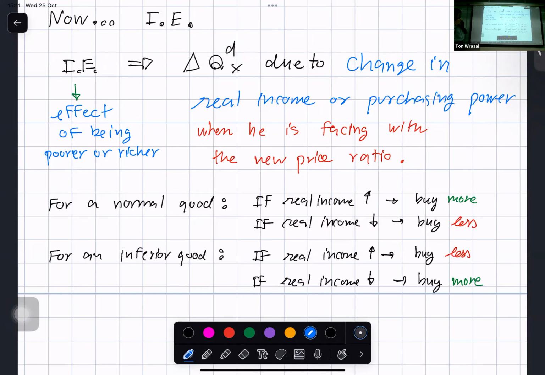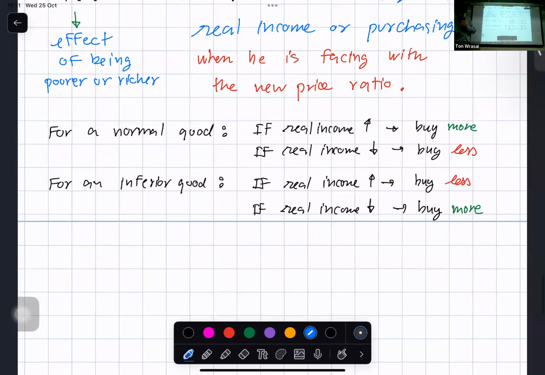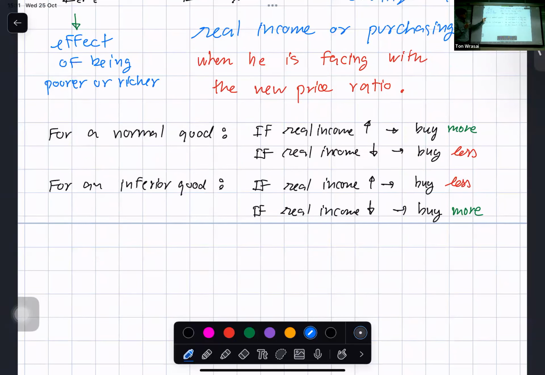If Good X is a normal good, when he becomes richer, he buys more. If he becomes poorer, he buys less. That's the definition of a normal good.